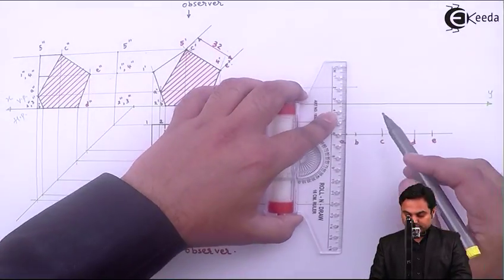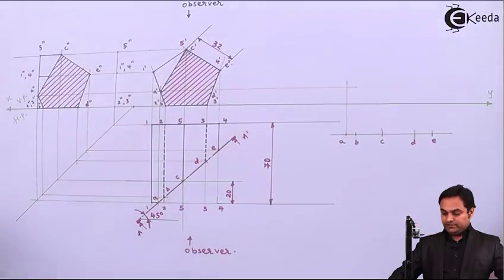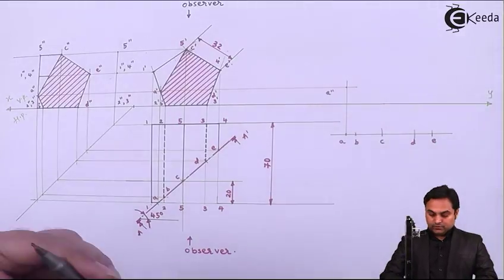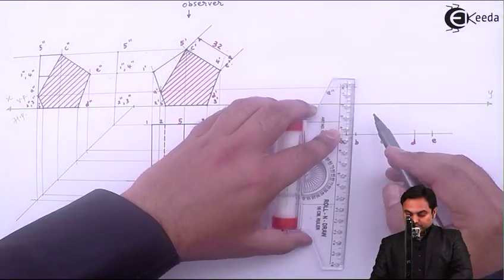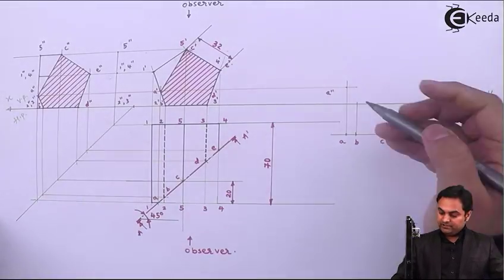So point A, when projected up, A and A dash where they intersect, that will give me A double dash. Point B is on XY line, so point B where it intersects, that will give me B double dash.